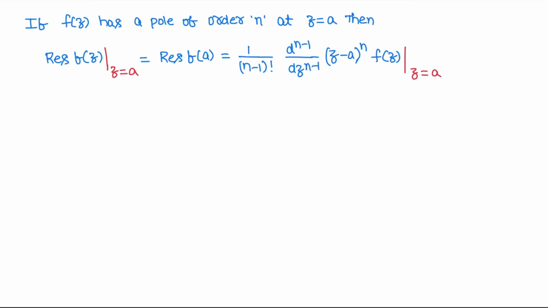This is the formula to calculate the residue value for a pole of order n at z is equal to a.